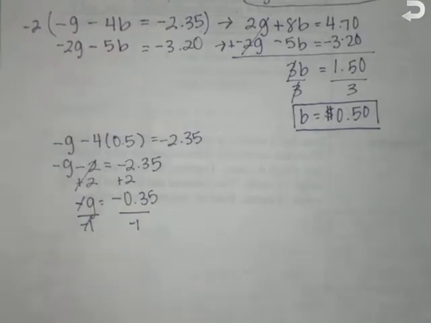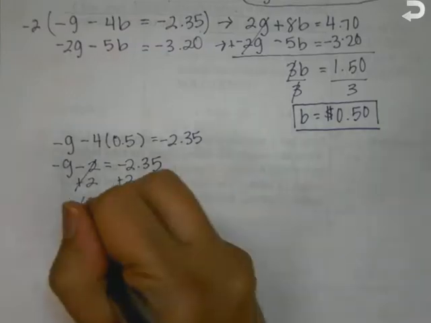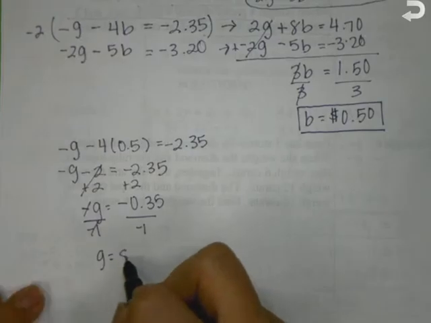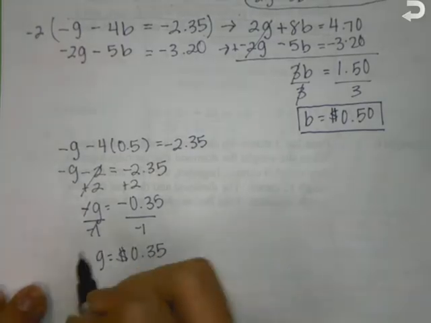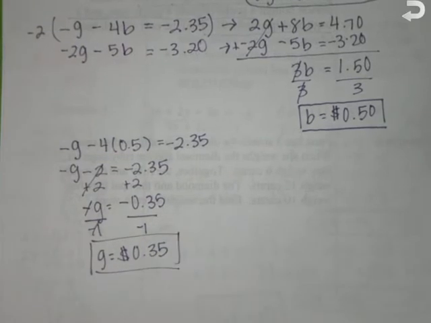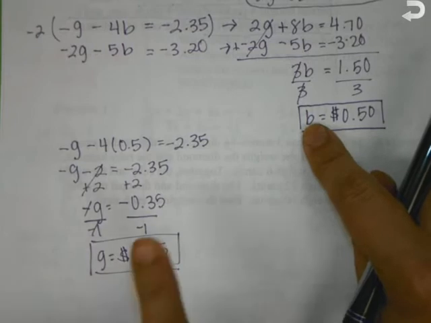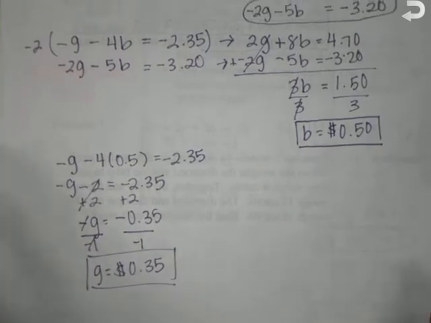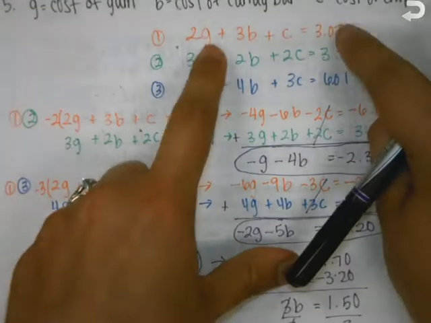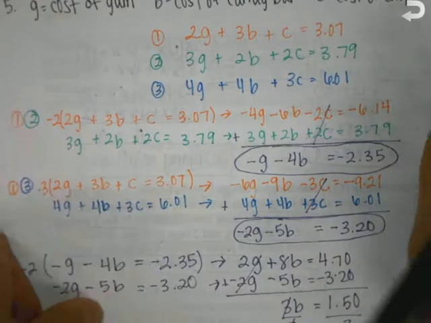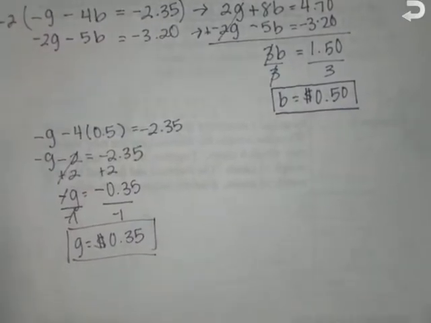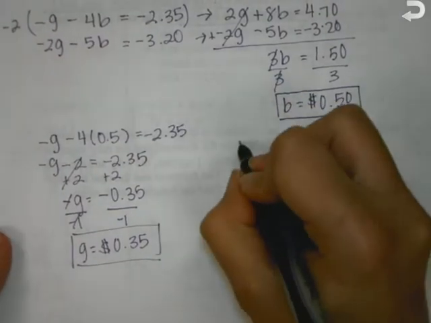Okay. Almost done. This is the easy part. Alright, so I know B, I know G, so now I can plug it back into one of my originals to solve for C. Which one you guys want to plug it into? Let's look at number 1. So I'm going to plug those two back in. So this is going to give me 2 times 0.35 plus 3 times 0.5 plus C equals 3.07.